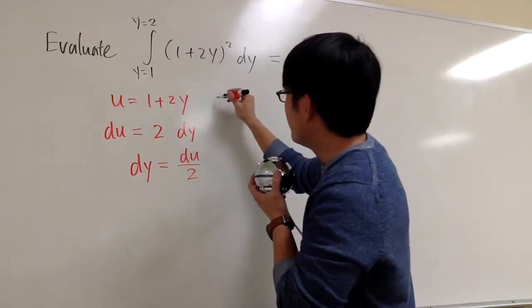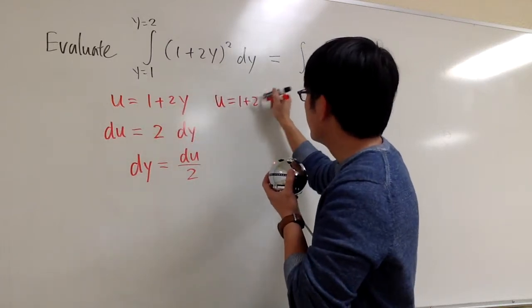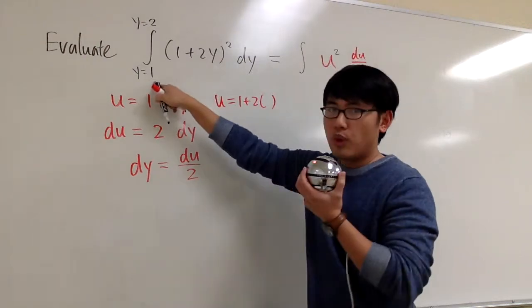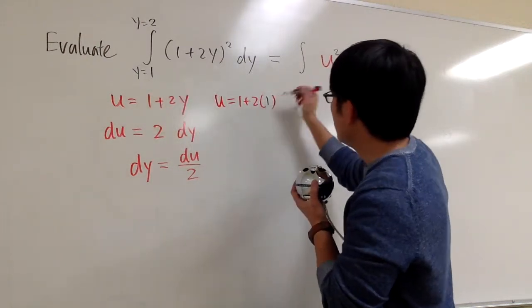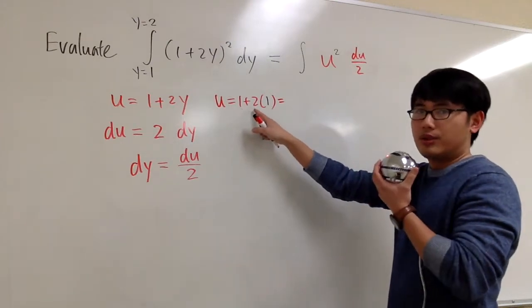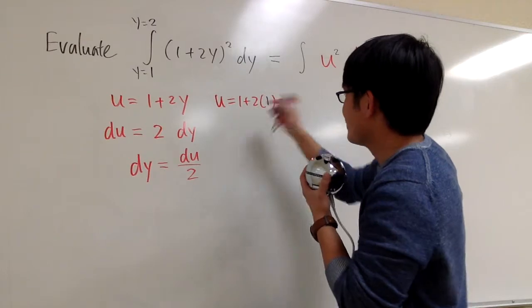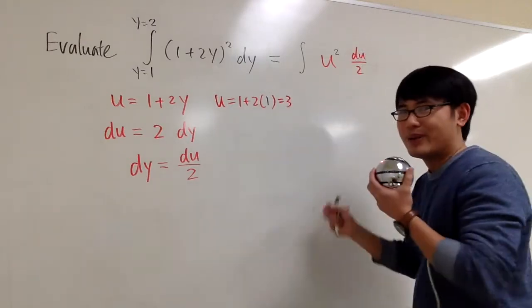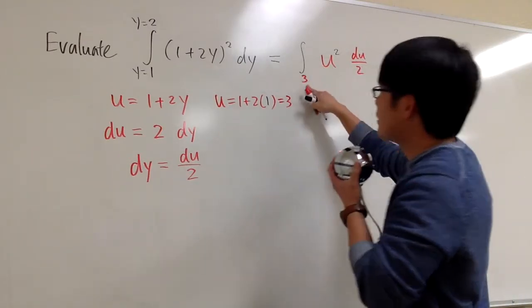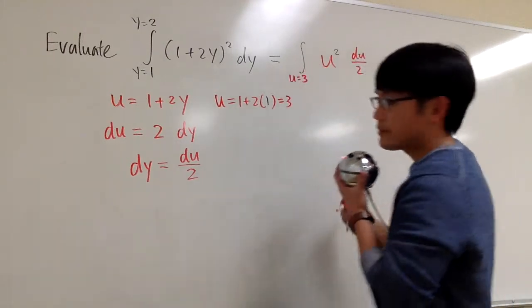In other words, we know that u will be 1 plus 2 times y, with y equal to 1. So we have the 1 right here, and of course we can just work this out. 1 plus 2 times 1, you do 2 times 1 first, which is 2, plus 1, which is 3. So you have 3 for the lower limit, and this is the u value.